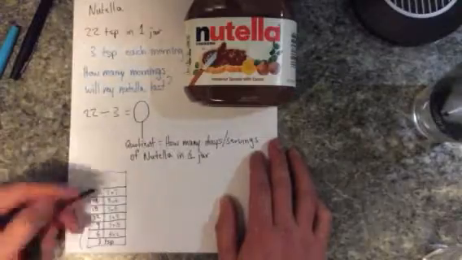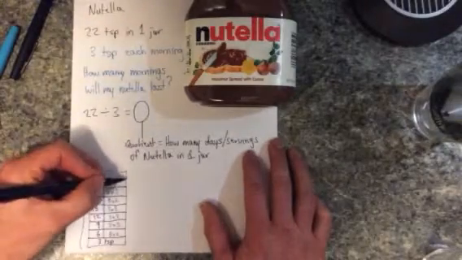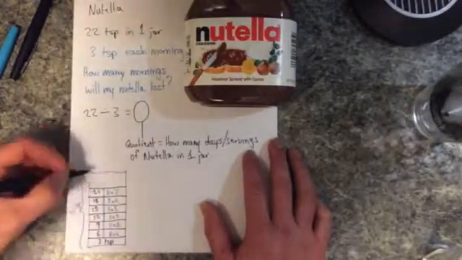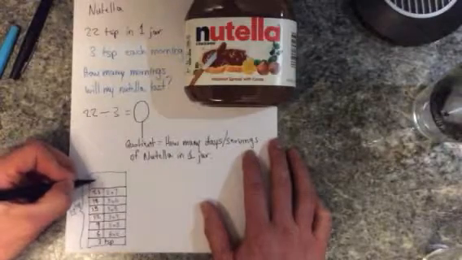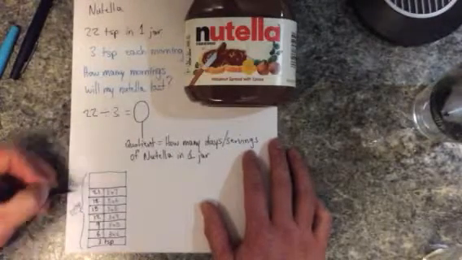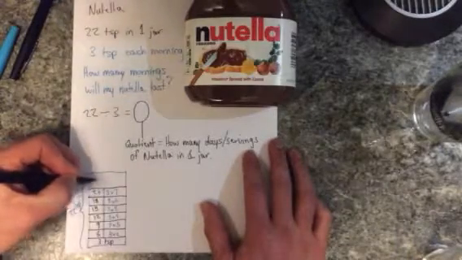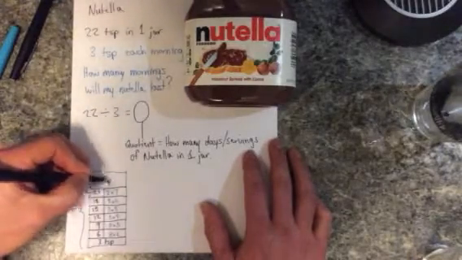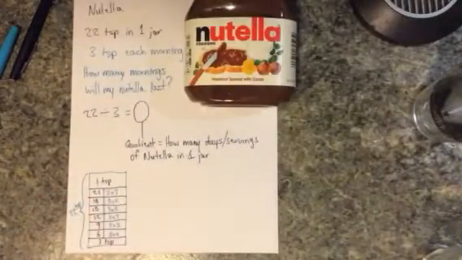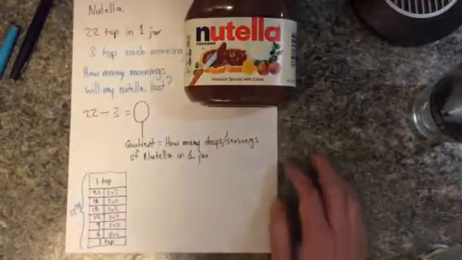So that's about the time that I need to get a new jar. So this last amount, well, here's 21, and I know the whole amount is 22. So here's 1 more teaspoon, and that gives me 22.